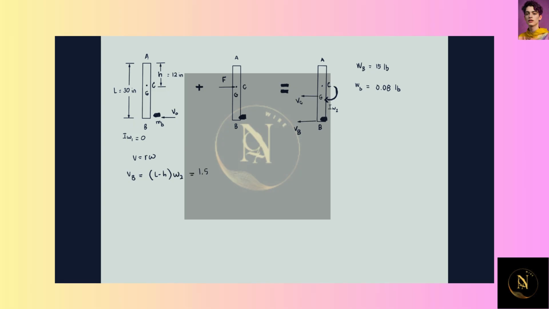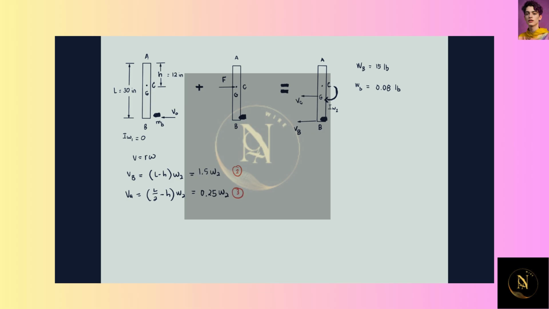So, that would be 1.5 omega sub 2, and then V sub G is at the distance of L over 2 minus H from point C, so this will be 0.25 omega sub 2. So this will be our equation 2 and equation 3.